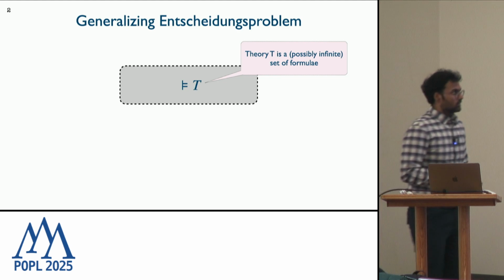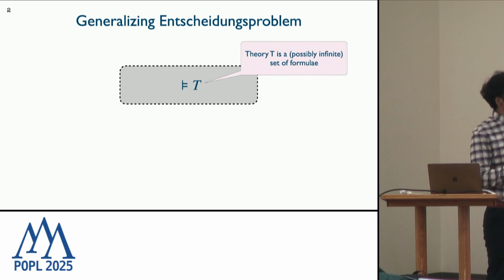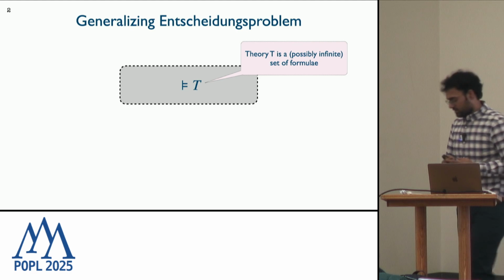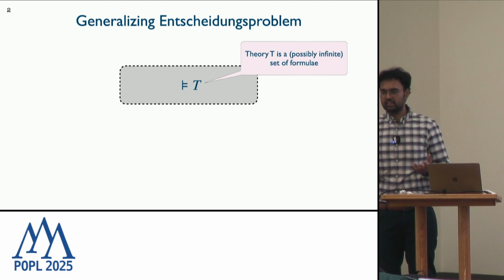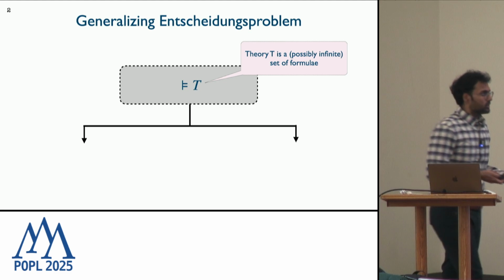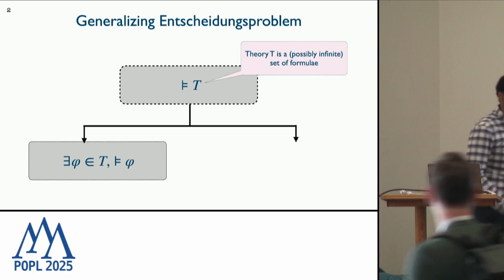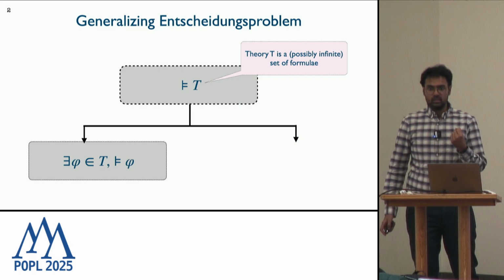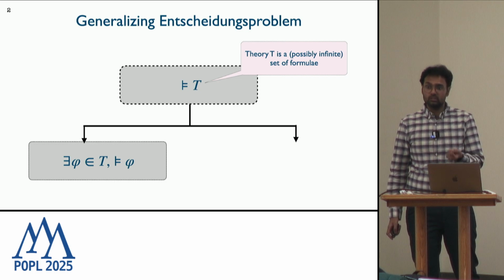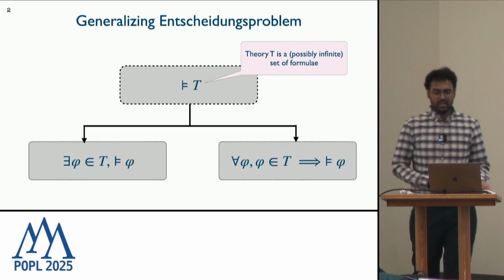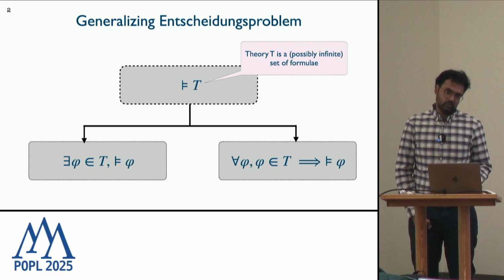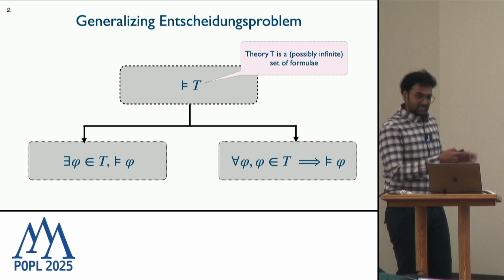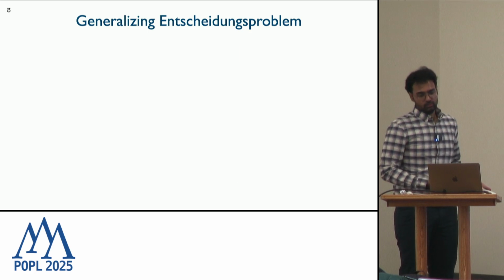Now, of course, because T can possibly be infinite, the concept of validity of a set of formulae is not clear. So in fact, you can have 2 different interpretations. The first interpretation is that there is a formula in this theory that is valid, and the other interpretation is that every formula in this theory is valid. These are exactly the 2 questions that we study in this paper.